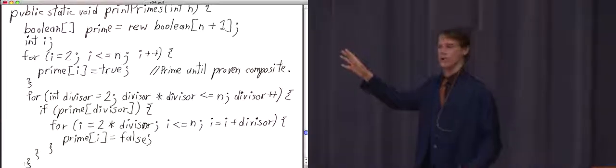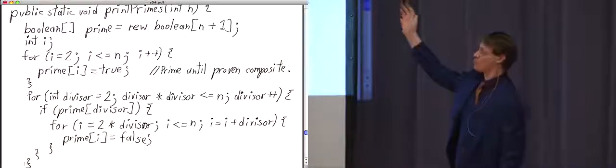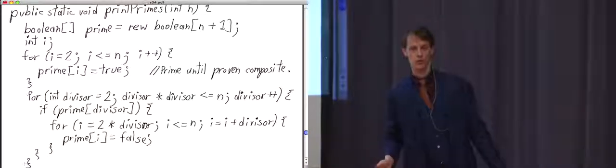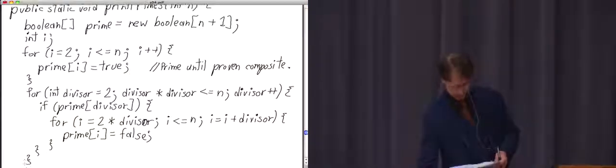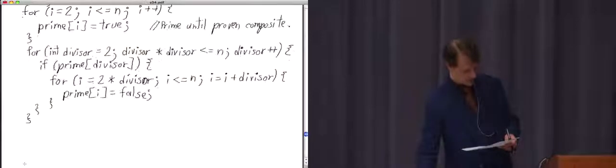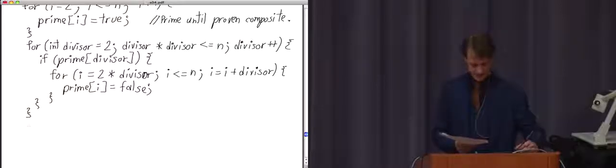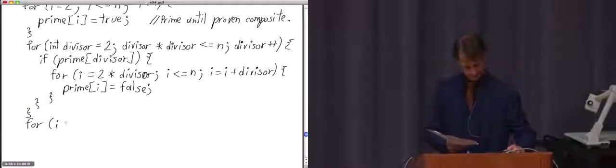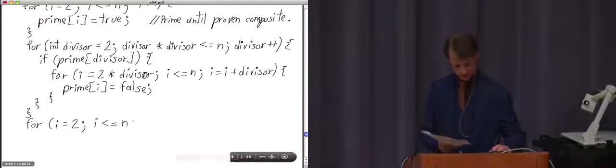A question you might want to ponder after you go home is, why is it that we only need to check the divisors up to the square root of n? Once we've done this, we're going to print every number from 2 to n that hasn't been marked not prime. This part's pretty simple.